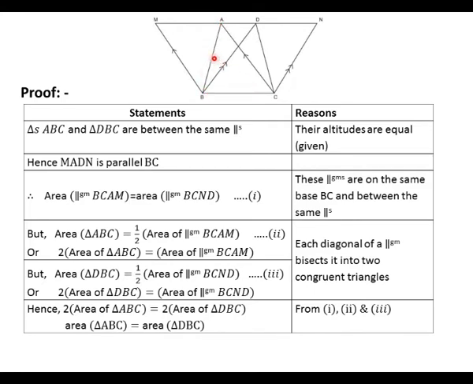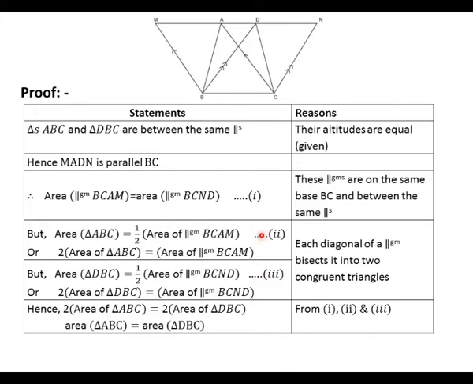And I can also say that area of this whole parallelogram will be equal to 2 times the area of triangle ABC, or area of triangle ABC is equal to half of the area of parallelogram BCAM. This is equation 2. If we shift this 2 to the left side, it will multiply with the area of triangle ABC, and the equation becomes 2 into area of triangle ABC is equal to area of parallelogram BCAM. That means area of the parallelogram is equal to 2 times triangle ABC.